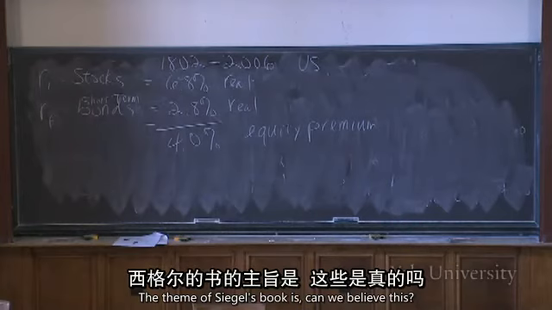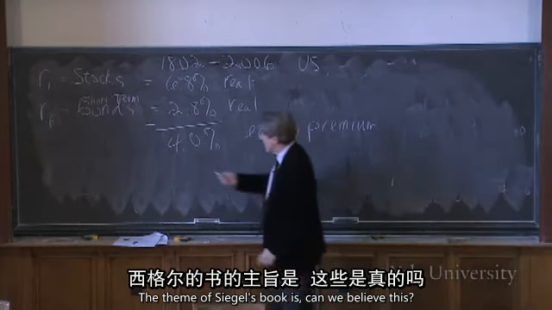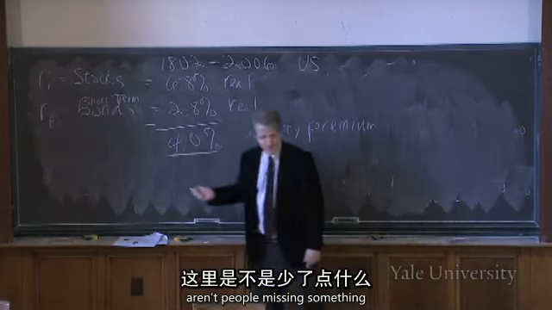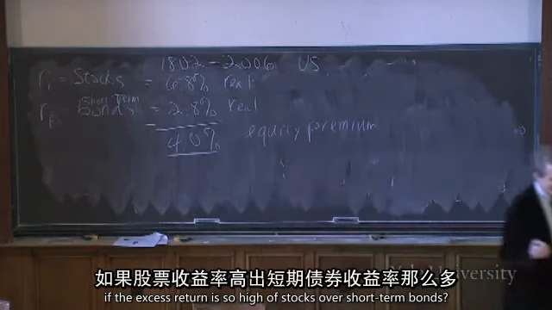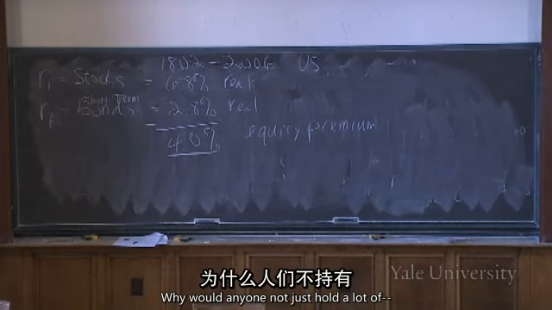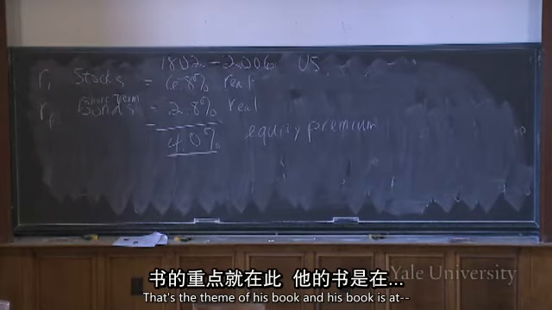And so the theme of Siegel's book is, can we believe this? I mean, you might wonder, aren't people missing something if the excess return of stocks over short-term bonds is so high? Why would anyone not just hold a really large number of stocks? So that's the theme of his book.